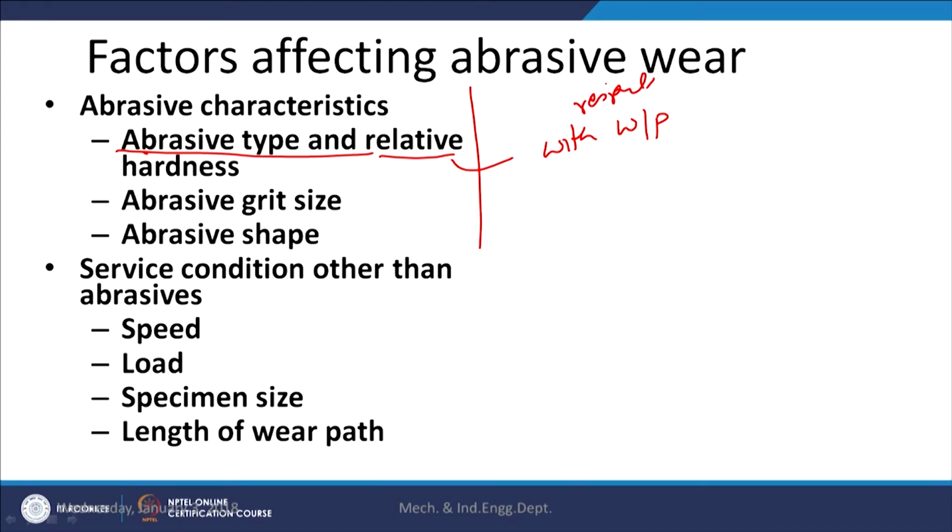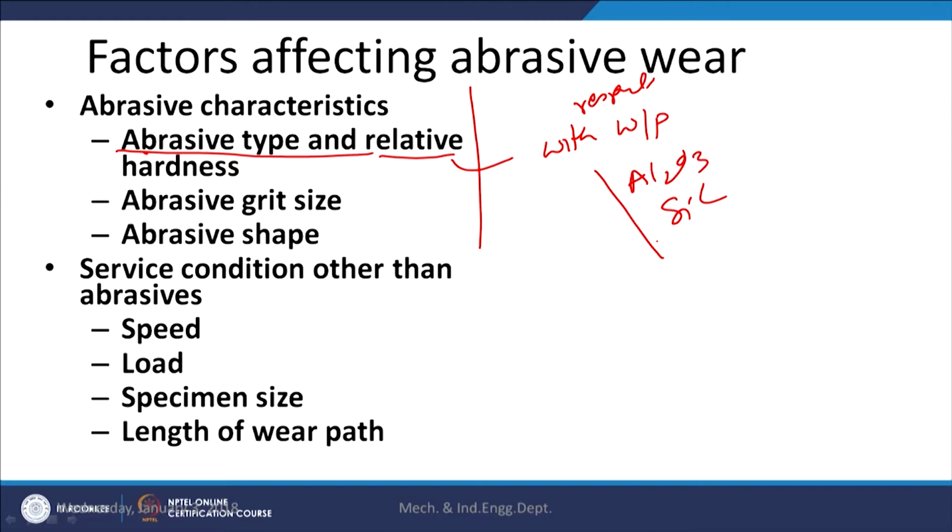As we have seen, different abrasives like alumina, silicon carbide and other particles have different hardnesses. So, according to the hardness of the abrasive particles with respect to the workpiece, the wear behavior is influenced in different ways.